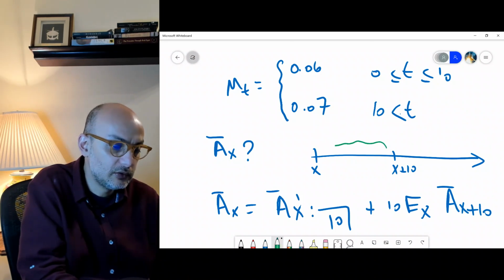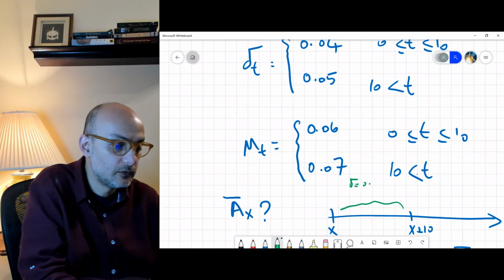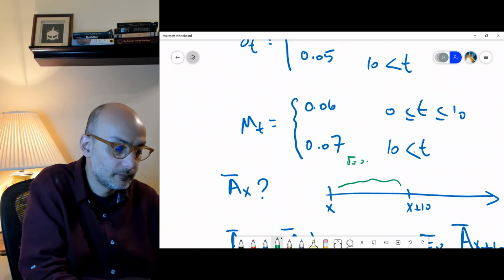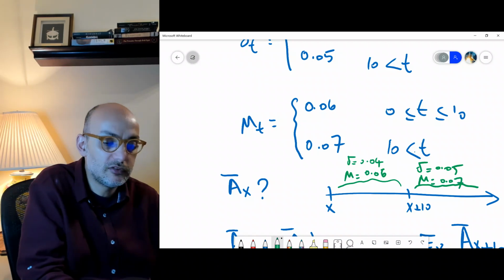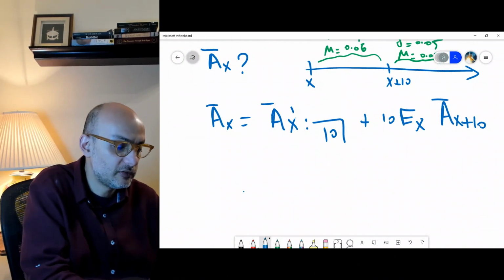Here you have delta is 0.4 and mu is 0.6, but here delta is 0.5 and mu is 0.7. That's why we split it, because we need to deal with them separately. Once you know this, it becomes easy.